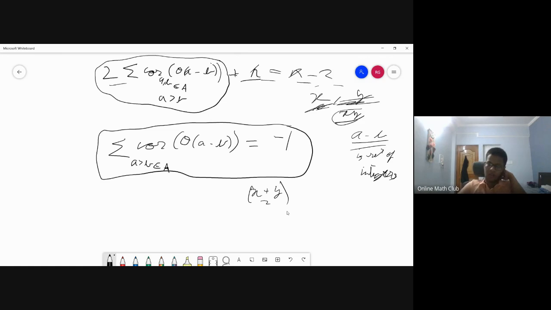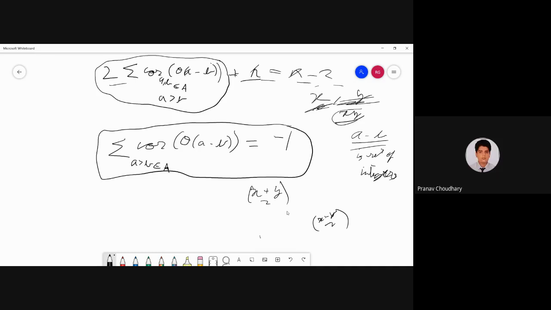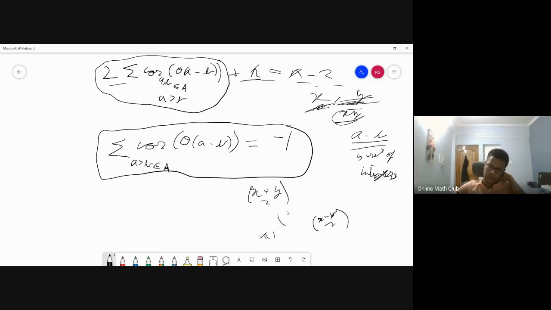With 0 you are getting the value x plus y choose 2, and what is the other case? With pi you are just getting the value x plus y choose 2 minus 2xy.